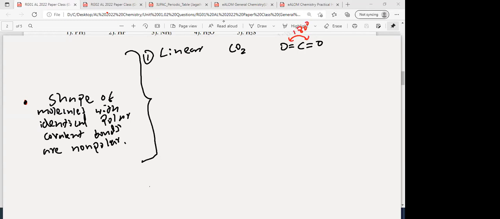Okay. Second one, if you take trigonal planar, that means BCl3.